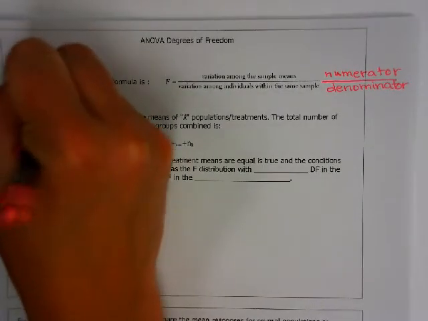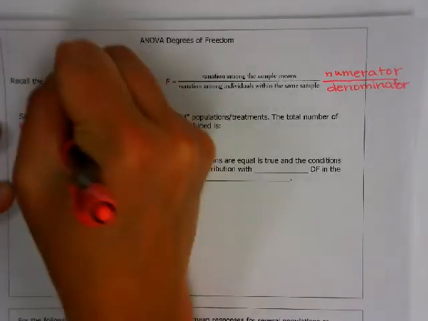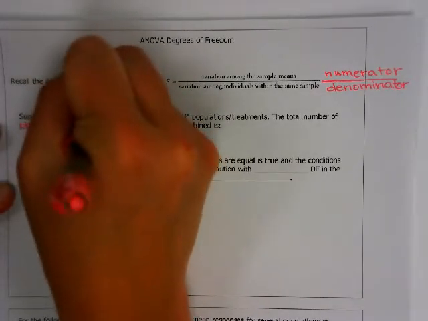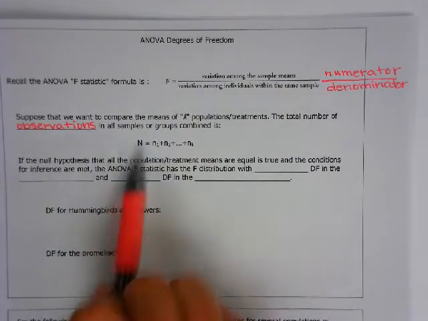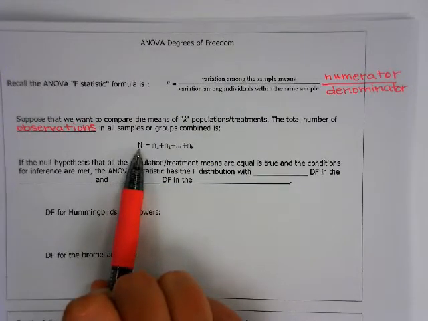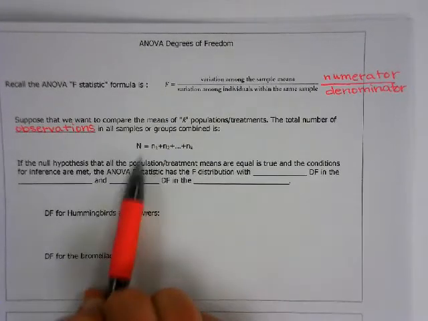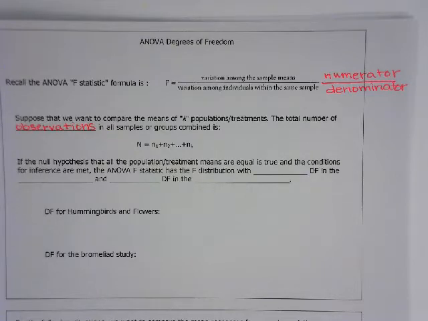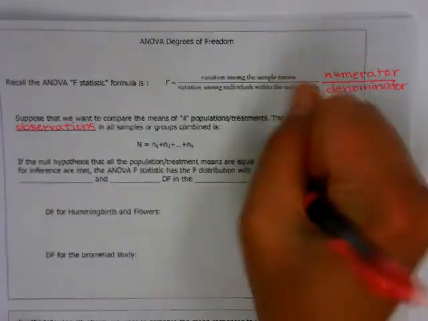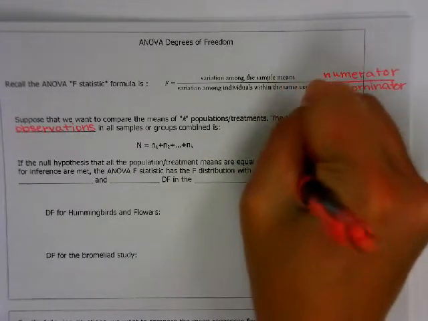We call that N. So when you add all the sample sizes together, that's capital N. If the null hypothesis that all the population treatment means are equal is true and the conditions for inference are met, the ANOVA F statistic has the F distribution with K minus 1 degrees of freedom in the numerator, and N minus K degrees of freedom in the denominator.